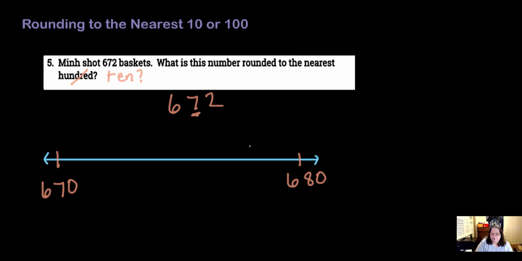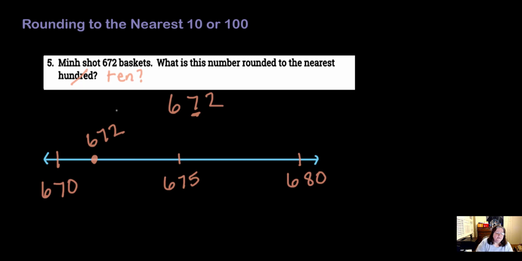We do the same process. Find the halfway point, which would be 675. And then we would ask ourselves, where would 672 go? We can look at the last couple numbers. If this one ends in a 70, the sixes are all the same. Everything starts with a 6. But if we look at 70, 75, 80, well, 72 would be close to the 70. It would be somewhere around here. 672.